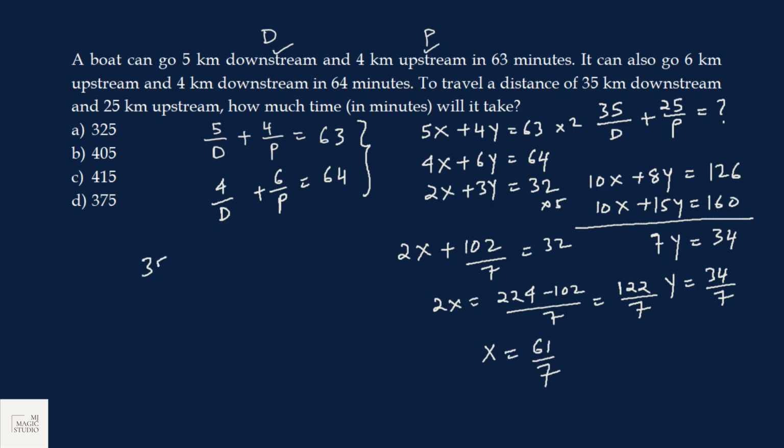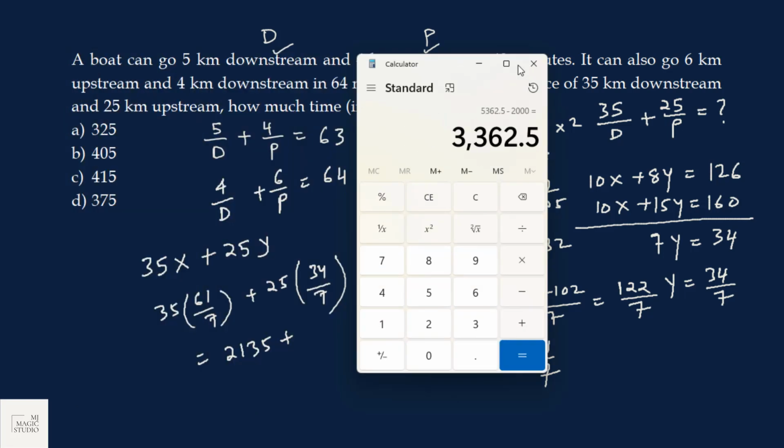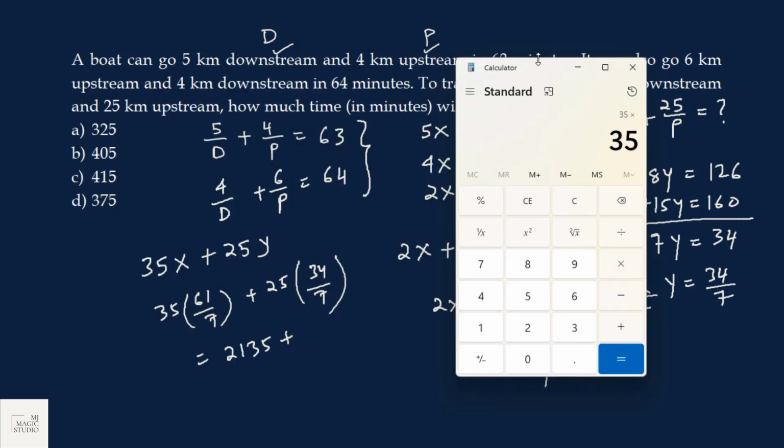We are looking out for the value of 35x plus 25y. 35 into 61 by 7 plus 25 into 34 by 7. 35 into 61 should be 2135, let us check once. 35 into 61 is 2135, 25 into 34 is 850, plus 2135, divided by 7.